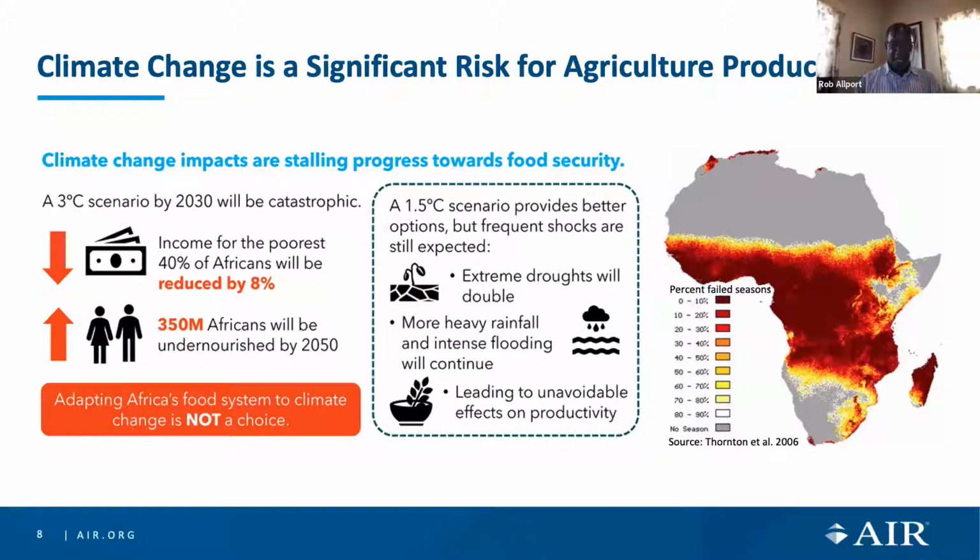The year 2000 was the baseline for that work. And now you can see that as climate change becomes more severe, most of this region will have a lot of food insecurity.